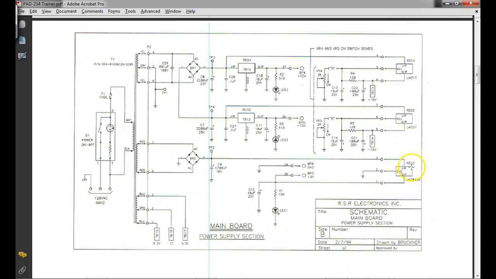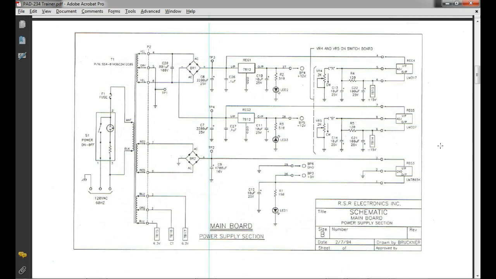Now, of course, this is the 5-volt regulator, 7805. So 78 series regulators are what? Positive regulators. 79 series are negative fixed regulators. We call these fixed regulators, which means they put out a set voltage. An adjustable regulator means you can do what? You can vary it over a range.